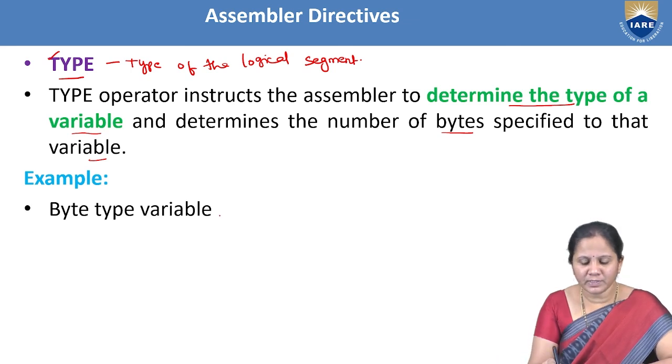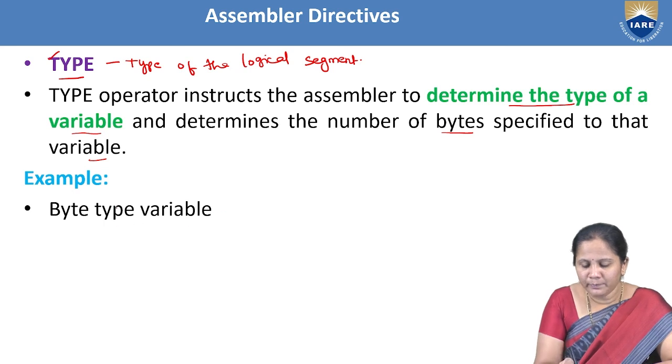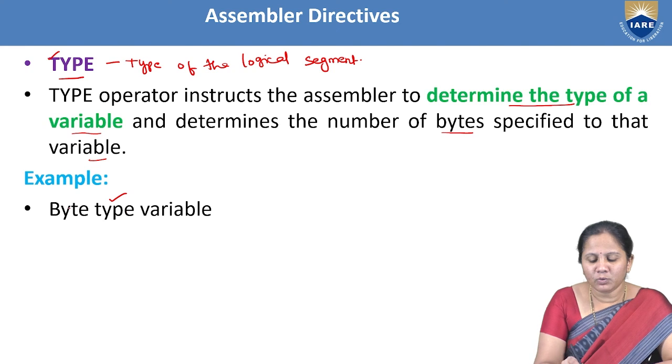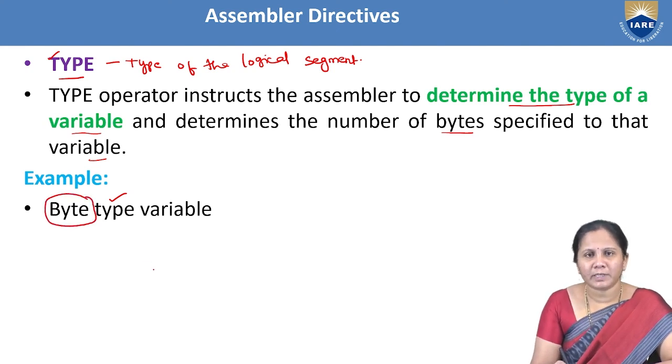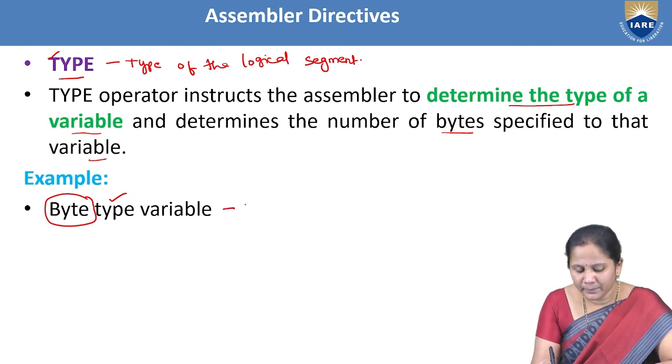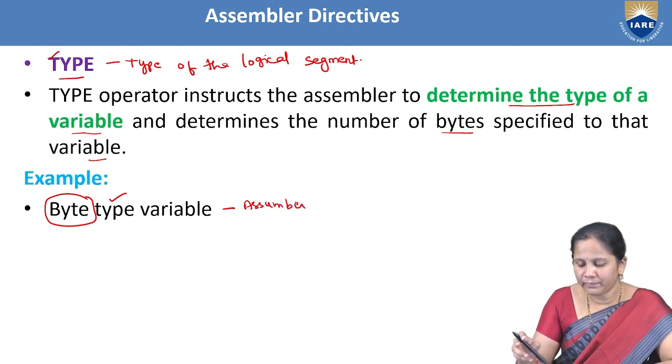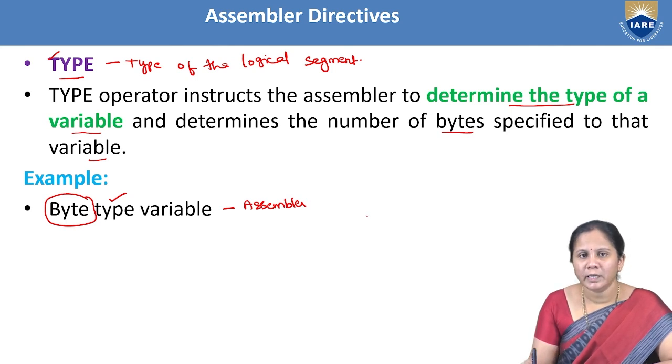So for example, if you see byte type variable, here type is an assembler directive, but to this assembler directive, byte is used as a prefix. Byte means only 8 bits.